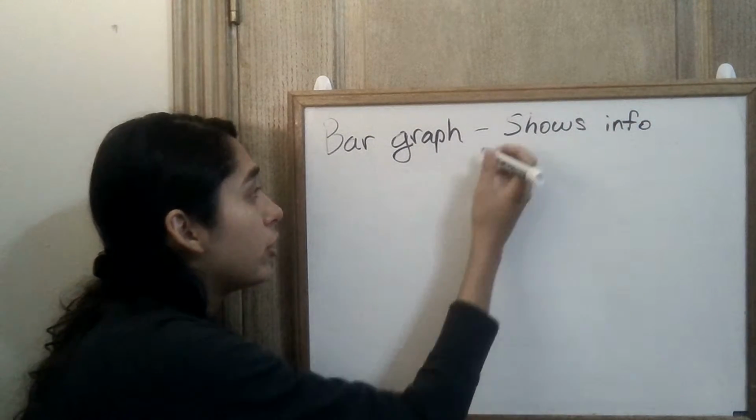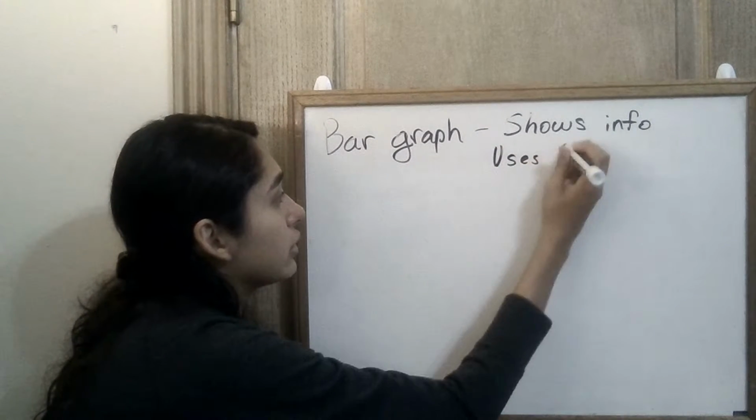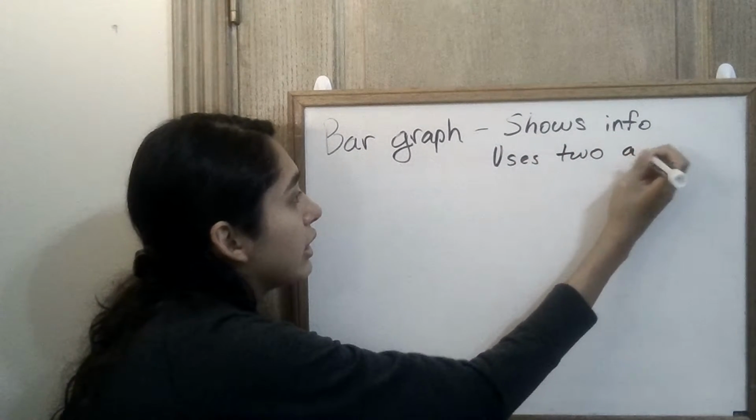The bar graph uses two axes, and we'll see what that is right now.